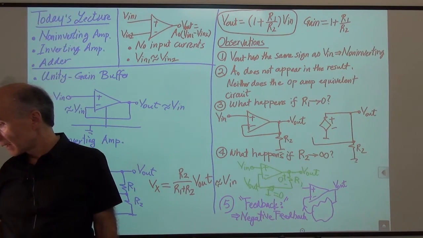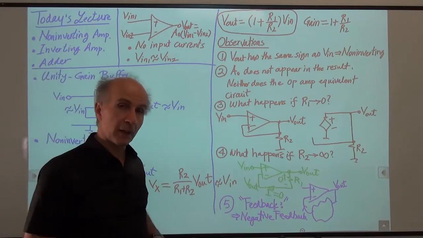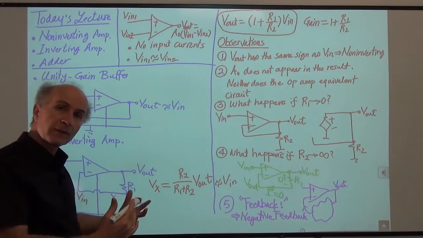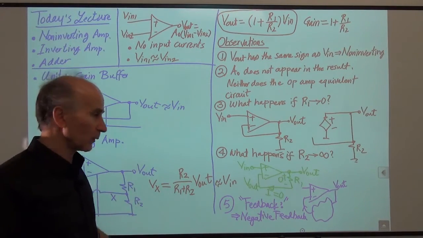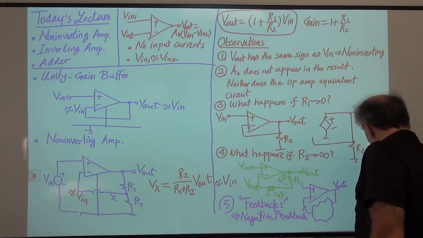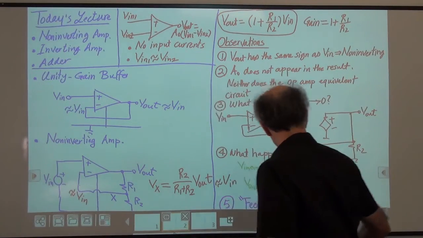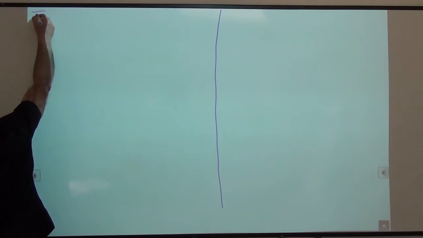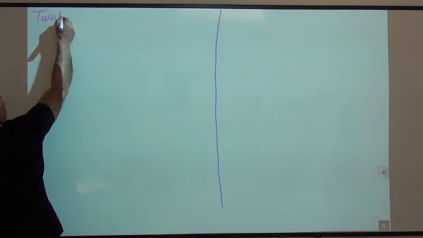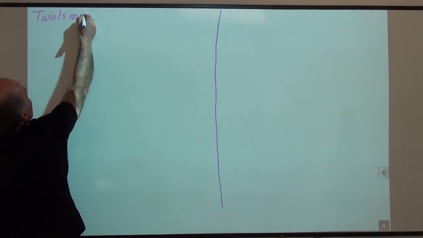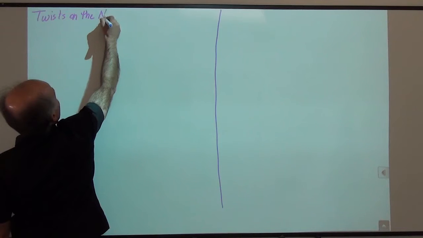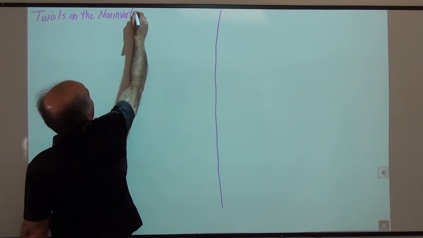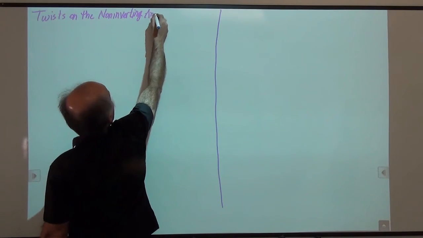All right, so let's go and look at some variants. We're going to play with the circuit. We add some twists to it so that we can analyze the circuits as well. So let's go to the next page and look at some twists on the non-inverting amplifier.